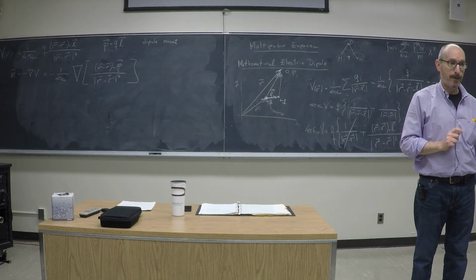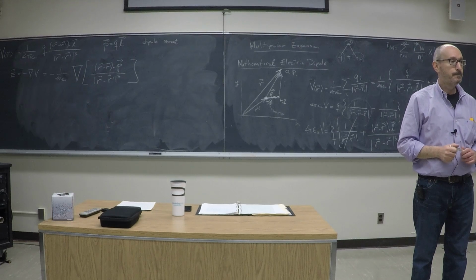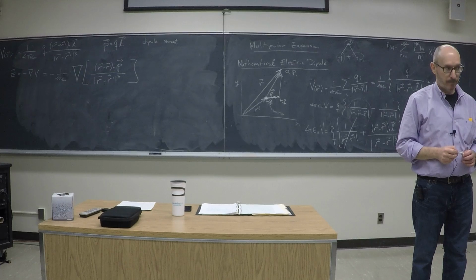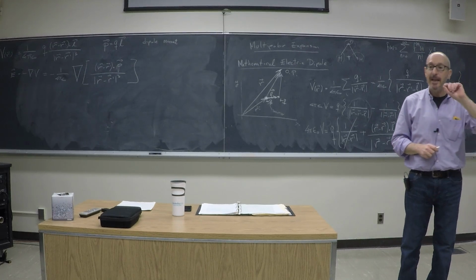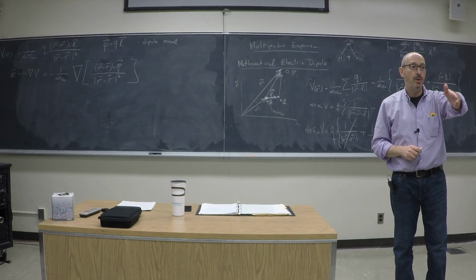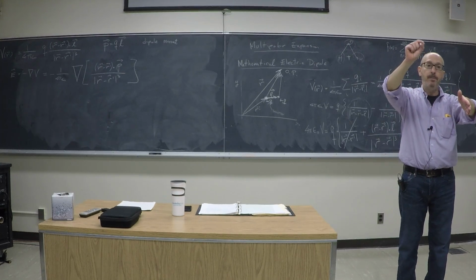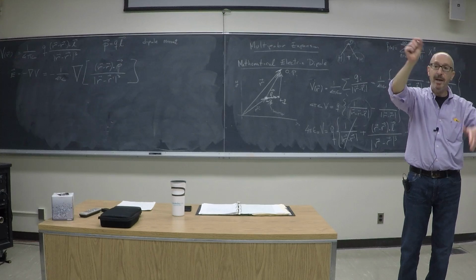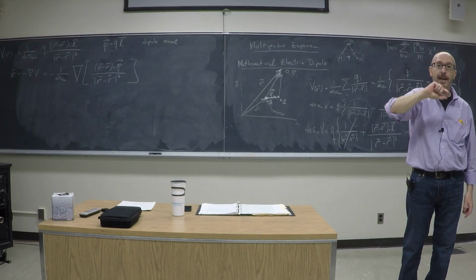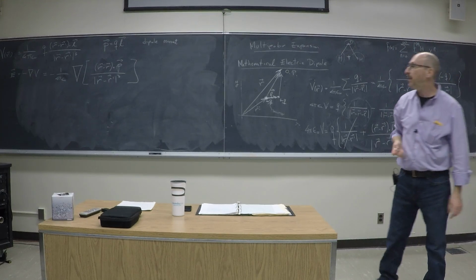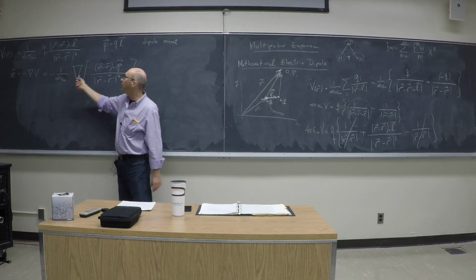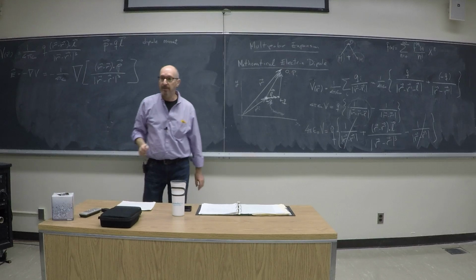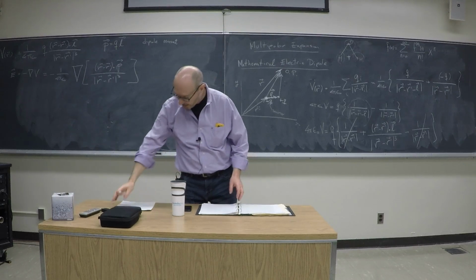Why? Because your observation point can change. Exactly. The r prime is only a label for the location of my dipole. The place where I make the observation point is where I need to make the changes so that I can compute the electric field. So when I do these derivatives, they affect only the r terms. R prime is fixed.